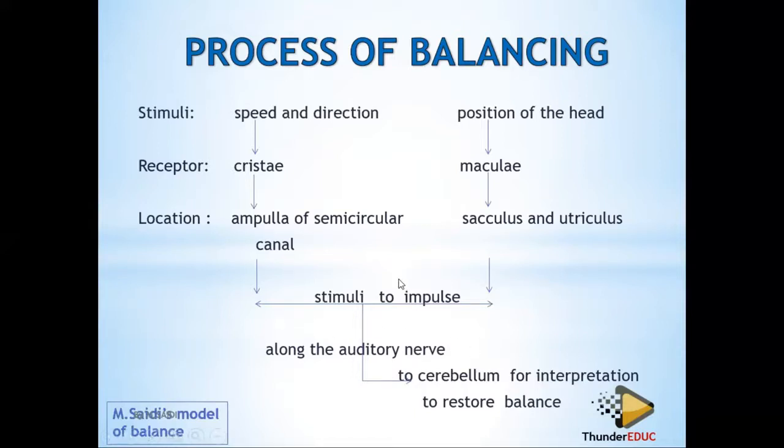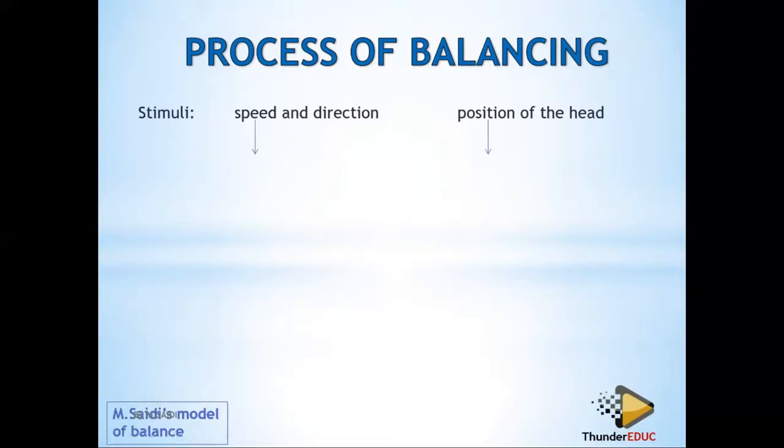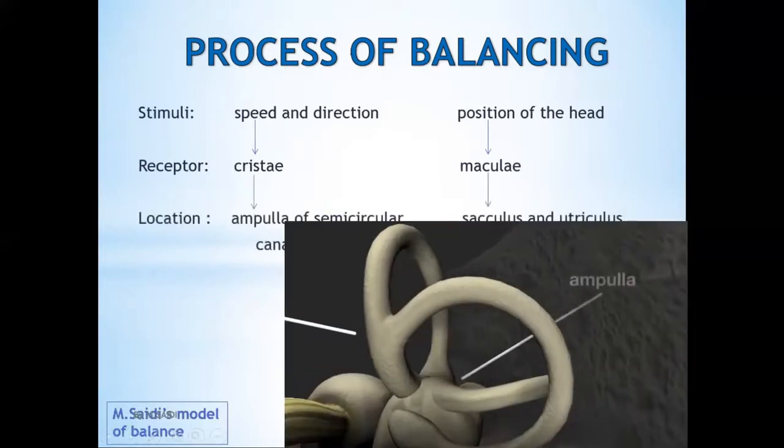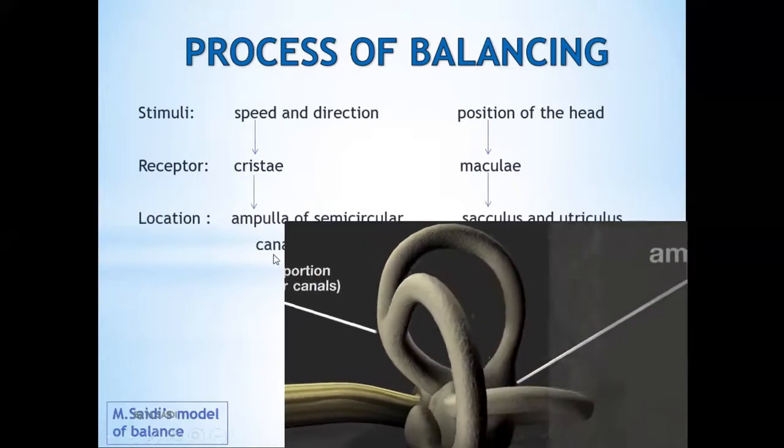So how do we explain this? We write what is needed, for example in a paper. Change in the speed and direction of the head stimulates the cristae found in the ampulla of the semicircular canal.